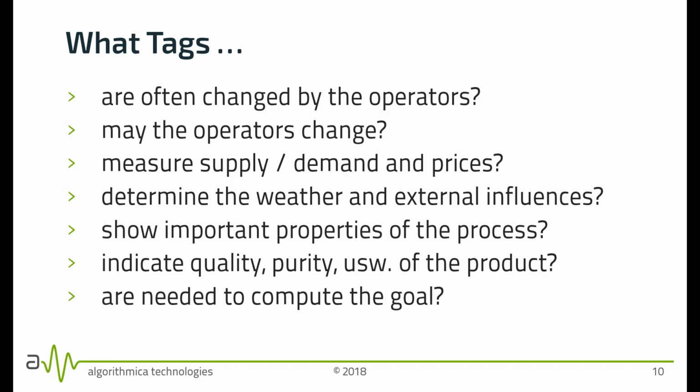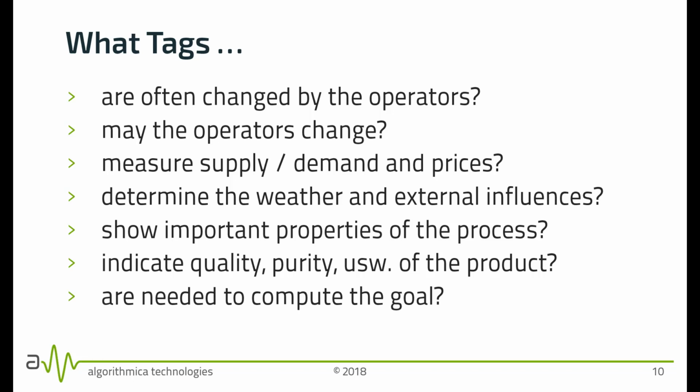Which are the tags that may be changed by the operators? These are not the same necessarily that are often changed by the operators. For instance, these are usually controlled variables that the operator can disconnect from the advanced process control and modify manually, but are usually under the influence of advanced process control.